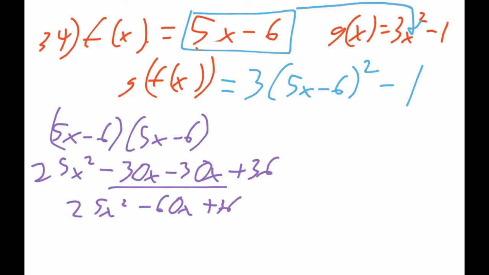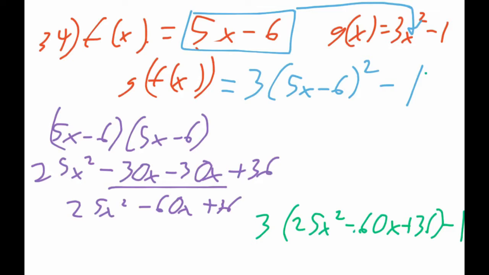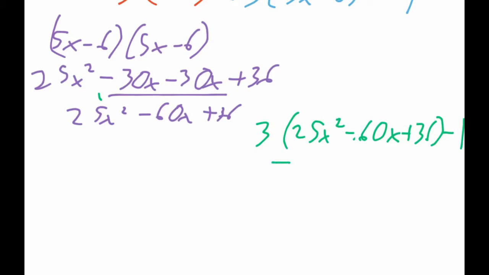So I'm now at 3 times 25x squared minus 60x plus 36 minus 1. And I wind up with 75x squared minus 180x plus 108 minus 1.